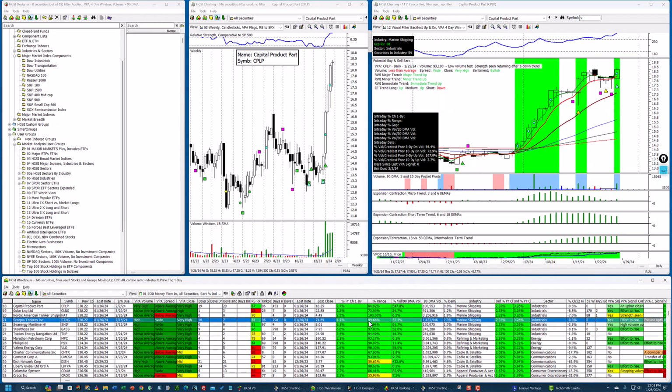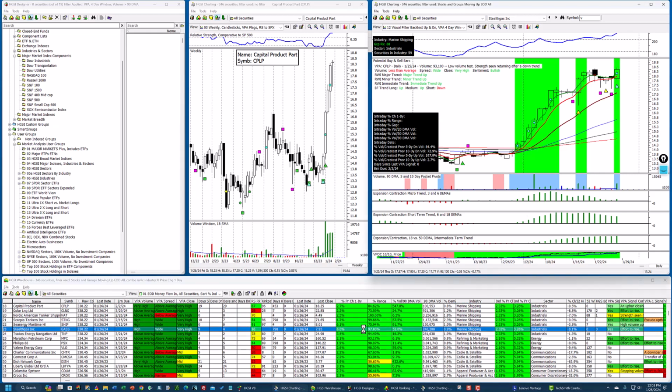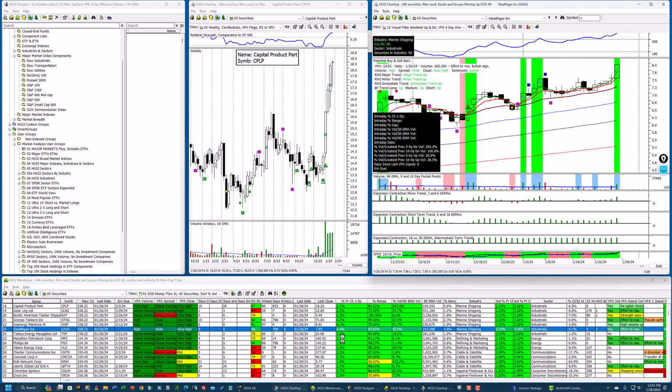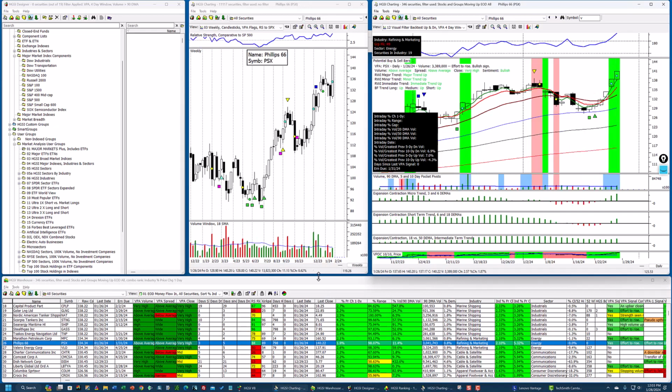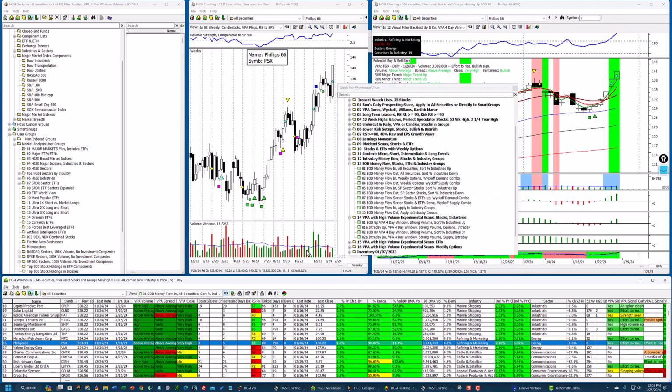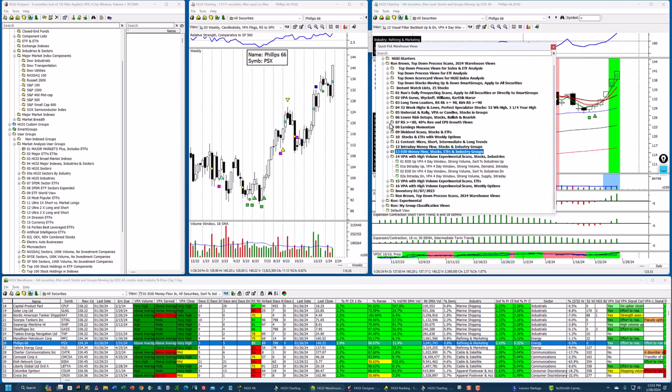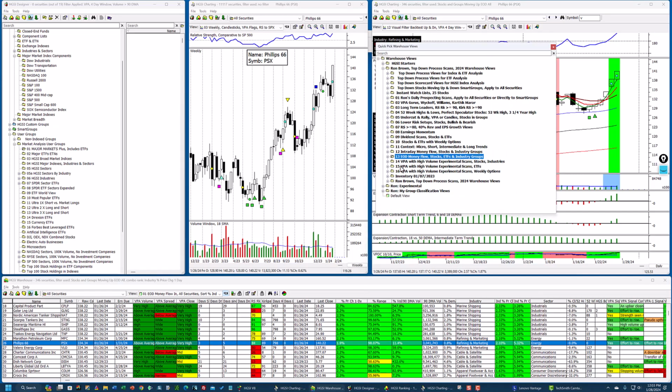Now, you can go through and just flip through charts and look like this. This is money flow in, but I've made it easy for us because I've put these scans together. And these are experimental because I'm still working on them.